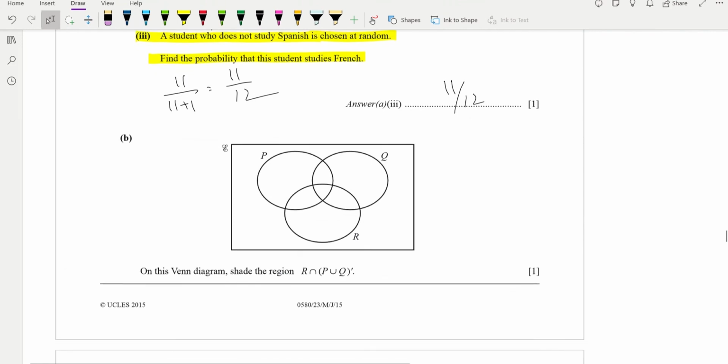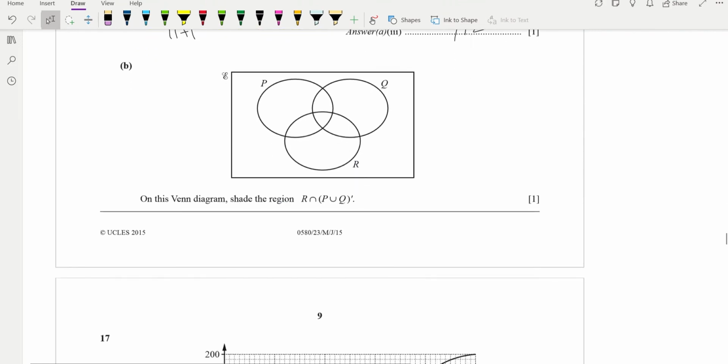Hopefully you are understanding. Now B part: they are saying on the Venn diagram shade the region R intersection P union Q complement. First of all, we need to understand P union Q complement: not in P and not in Q. Not in P, not in Q is this region and this outer region.